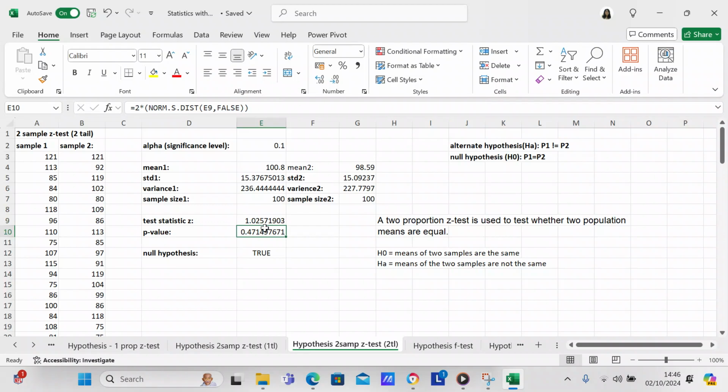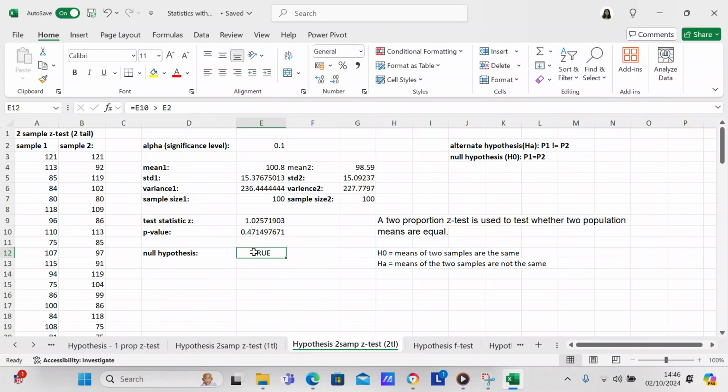The 1-tailed is checking only 1 tail, and the 2-tailed is checking both tails. So since you multiply it by 2, that means your p-value is going to be larger in the 2-tailed test than it is in the 1-tailed test. So now we're going to check for the null hypothesis.